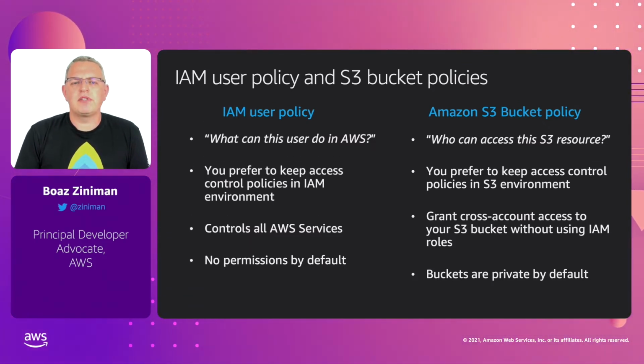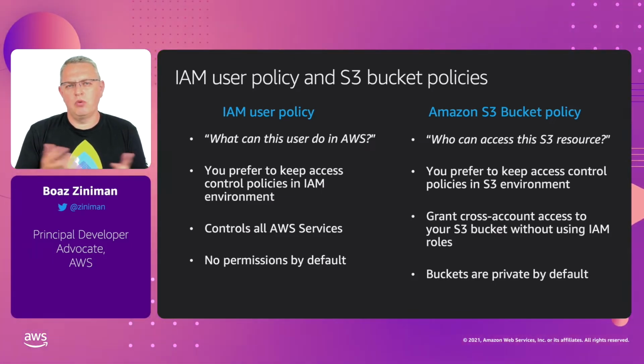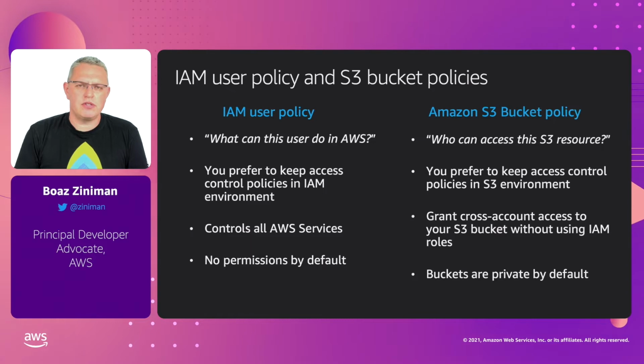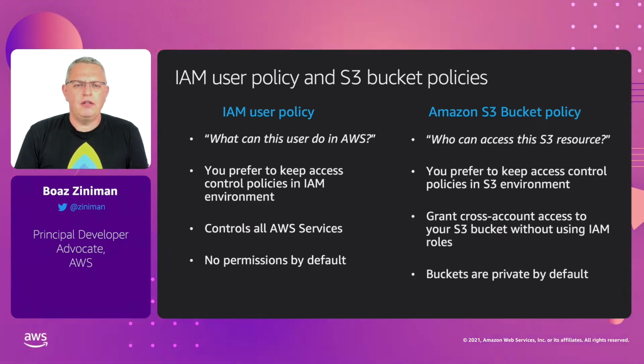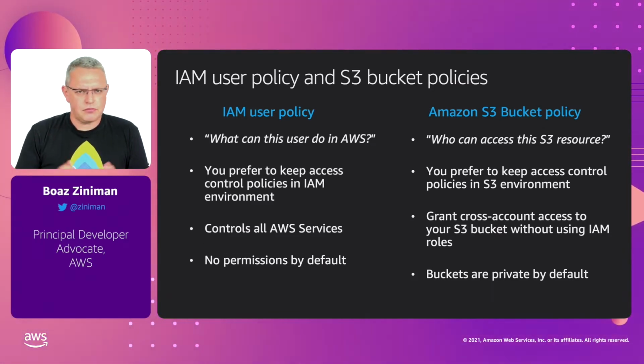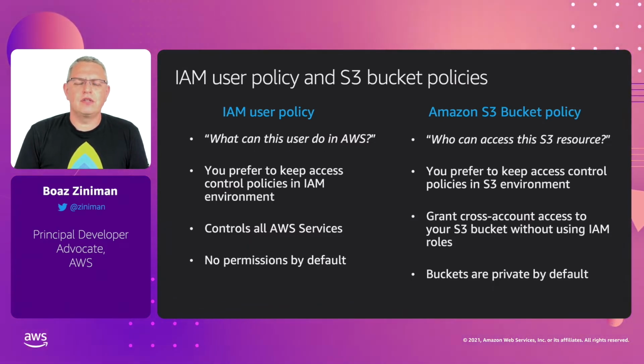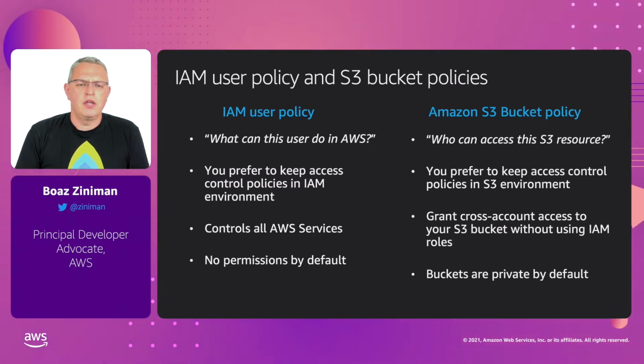Then there is the Amazon S3 bucket policy that defines who can access and who can do what with a specific S3 resource, and this is on the bucket level. And you basically want to control this very granularly on a specific bucket with specific definitions. You can grant, in this case, access to other accounts from outside your account and not using IAM roles.